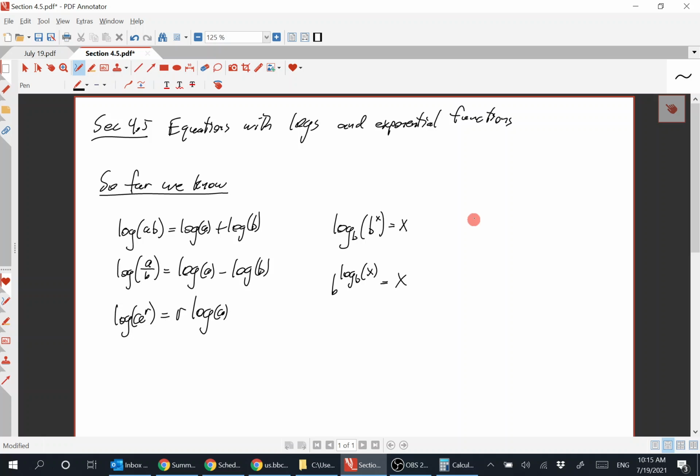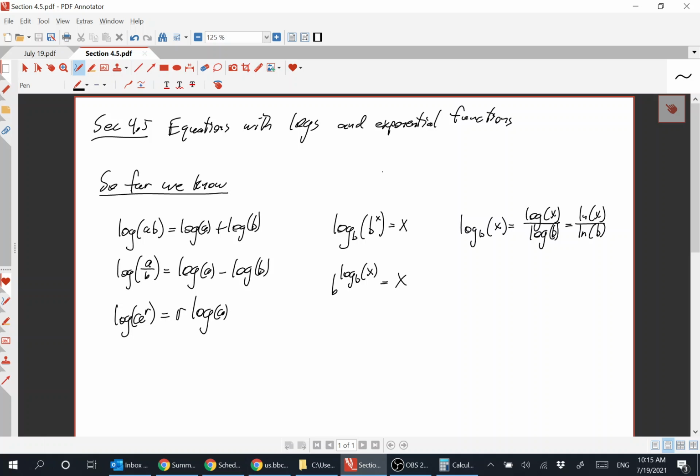There's also the change of base formula: log base b of x is log of x over log of b, which is the same as natural log of x over natural log of b. Now, when you're solving equations with exponential functions, oftentimes you can use whichever base you want.